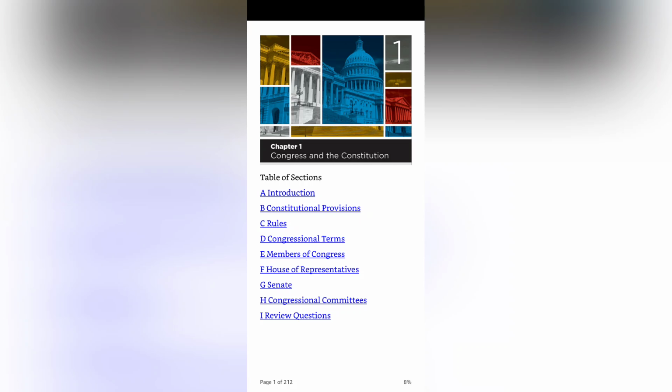And here are the review questions. Why would the framers want one chamber to be comparatively less responsive to public opinion than the other? What are the principal tools for the majority leader to use to run the Senate? How are Senate vacancies filled?